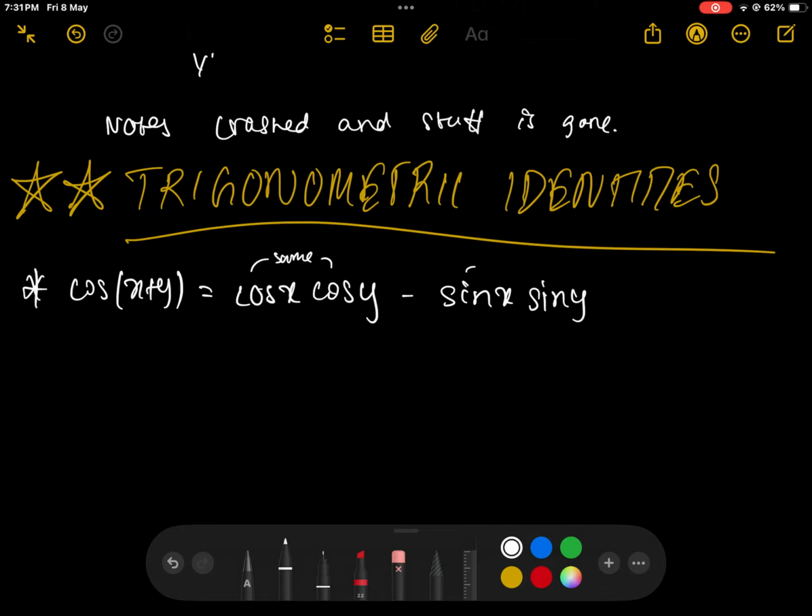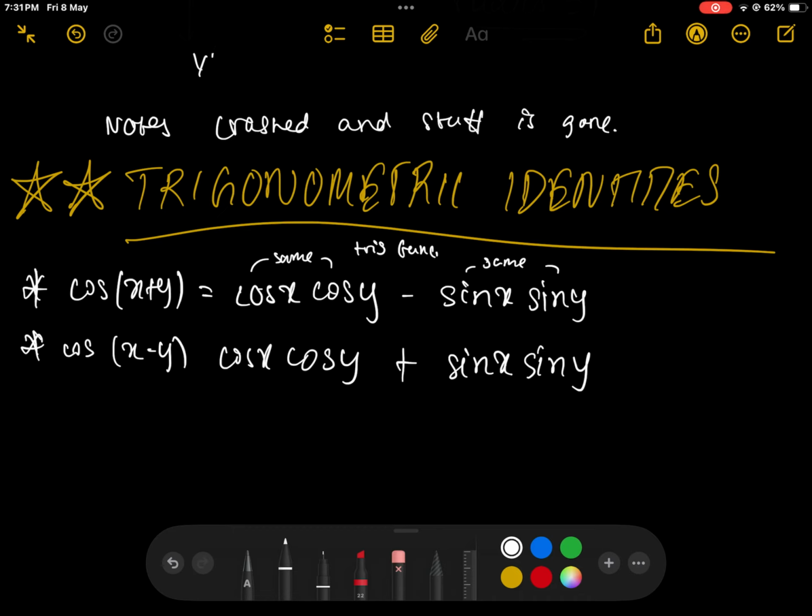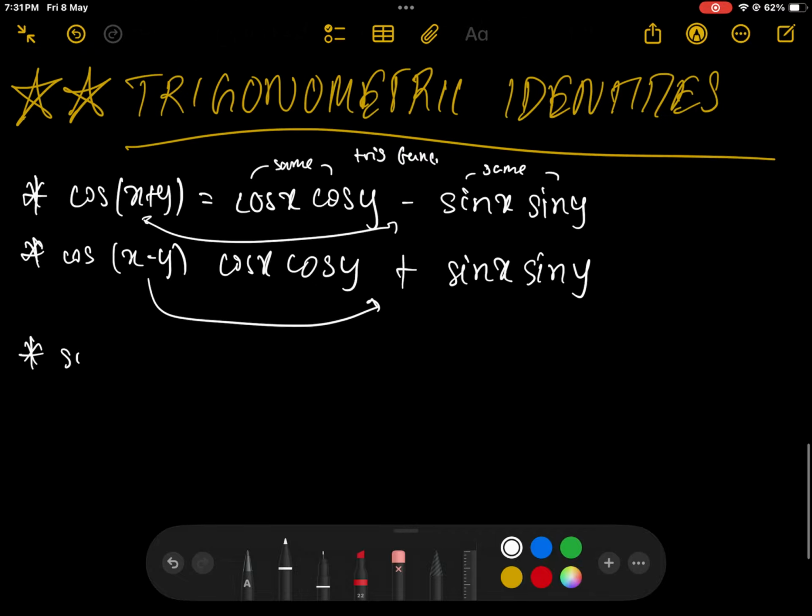Now you notice how these are in pairs. Cos and sin are in pairs, but with different x and y. So the trigonometric function is the same. I'm assuming it has something to do with cos being an even function. And here we see how in x plus y there's a negative sign, but in x minus y there's a positive sign, so keep that in mind.